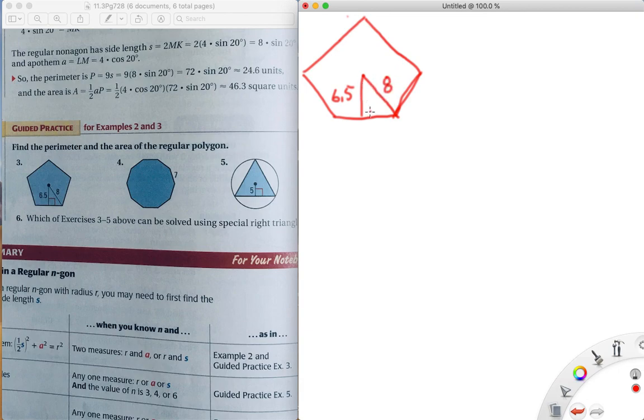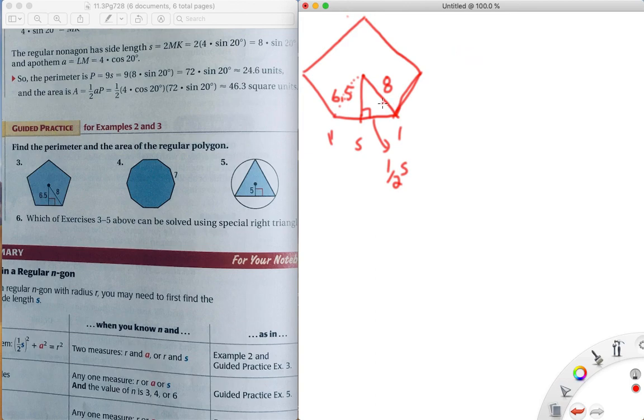It's going to be a right triangle. If I were to complete this line here, remember that the whole thing is the side. But when I cut these triangles in half with the apothem, this is half of one side.